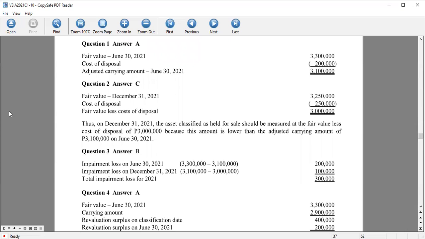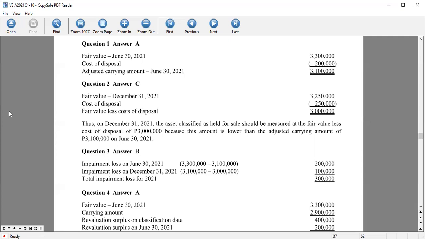So with the fair value, we have the fair value less cost of disposal of 3 million. Thus, on December 31, 2021, the asset classified as held for sale should be measured at the fair value less cost of disposal of 3 million because this amount is lower than the adjusted carrying amount of 3.1 million on June 30, 2021. Now that answers question number 2, letter C for 3 million.